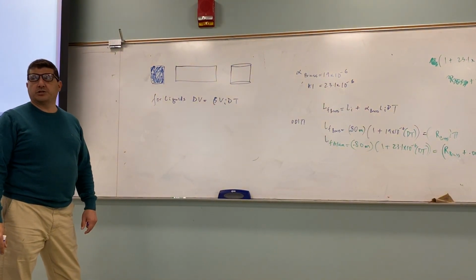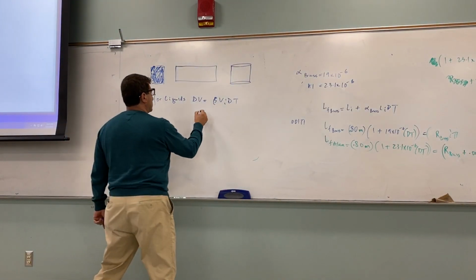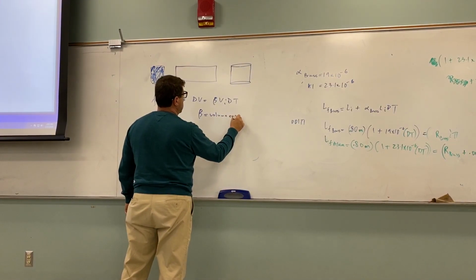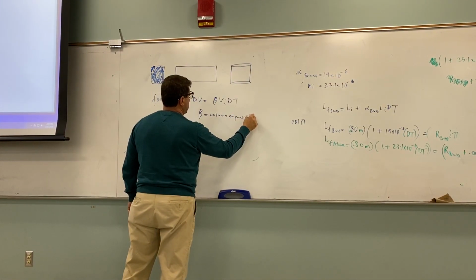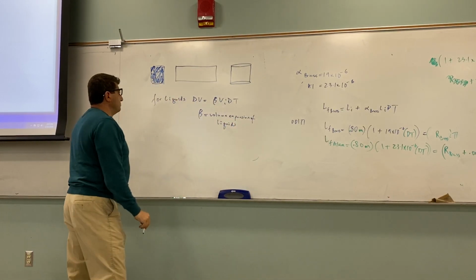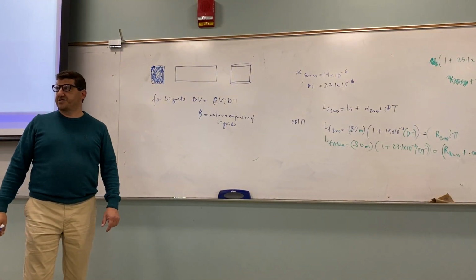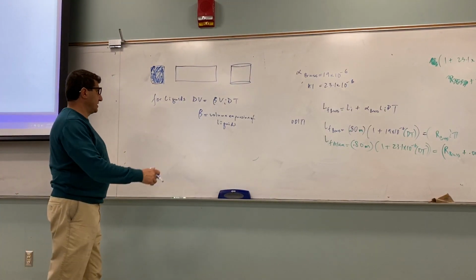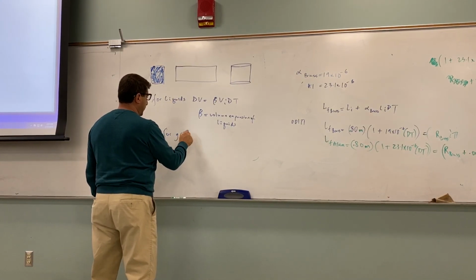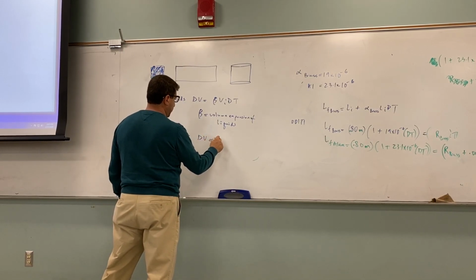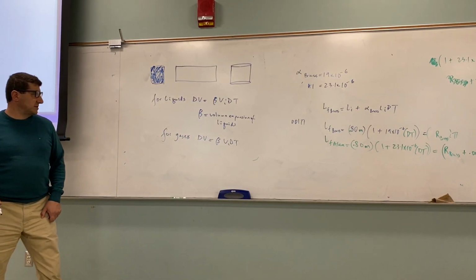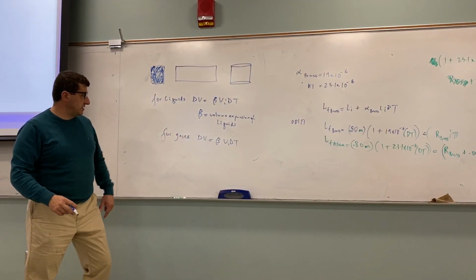And then beta is called the volume expansion. Beta is the volume expansion of liquids. And for gases, I mean, you can also have a constant: delta V is beta V initial delta T. I think for gases, they can also call them beta.